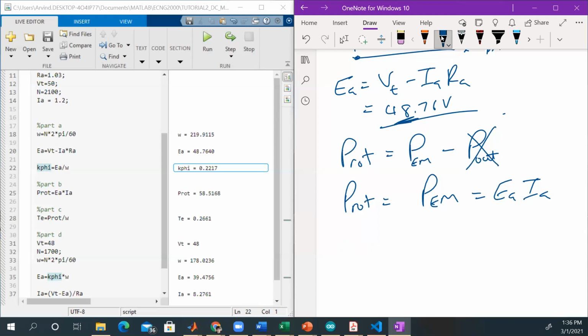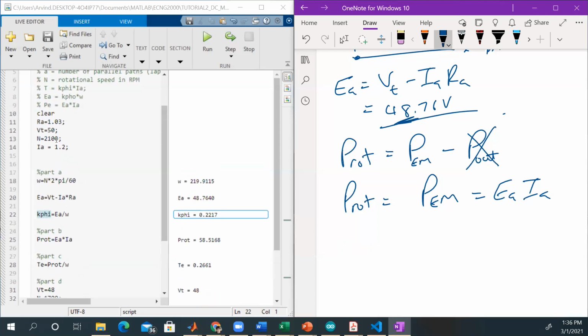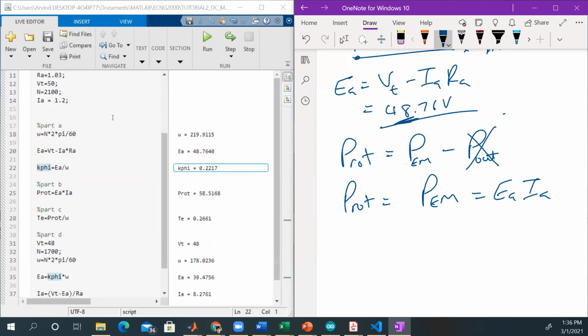So the, right, electromagnetic torque developed by the motor. So now we have the torque, we know, is T E, the electromagnetic torque, right? So it is K phi by IA. We worked out K phi already. We have IA, so we could use that.